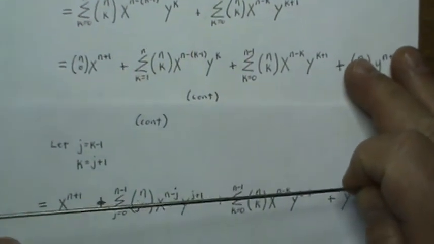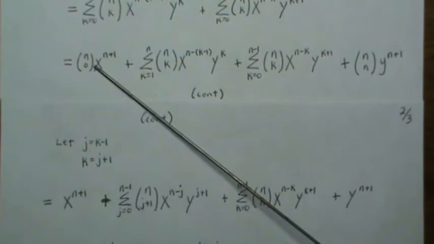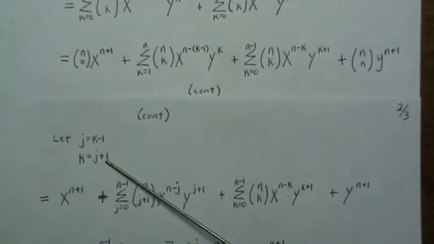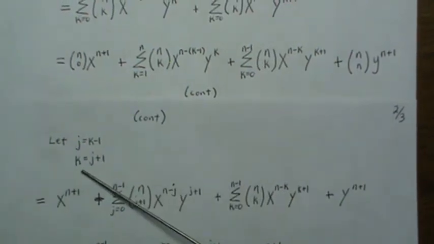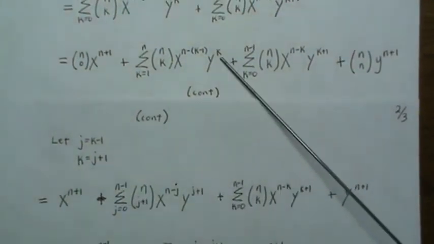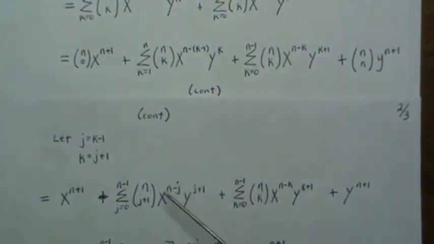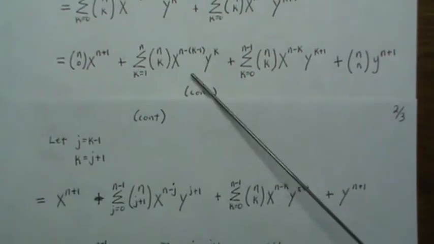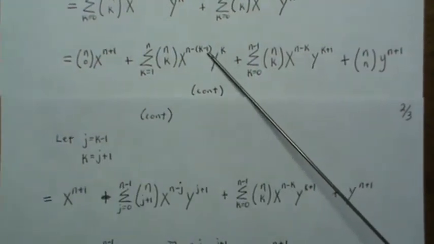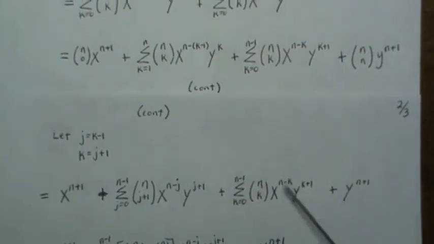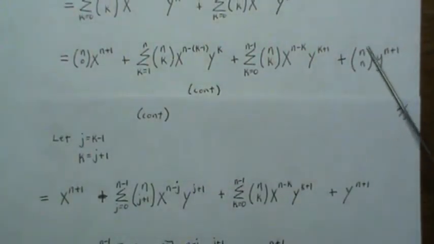So this piece is this, and then when we substitute in k, so here k, it's j plus 1, that's what is here. And then k is j plus 1, so one of the ones cancel, so we just get n minus j. And then these are the same. I take off the coefficient 1 here.